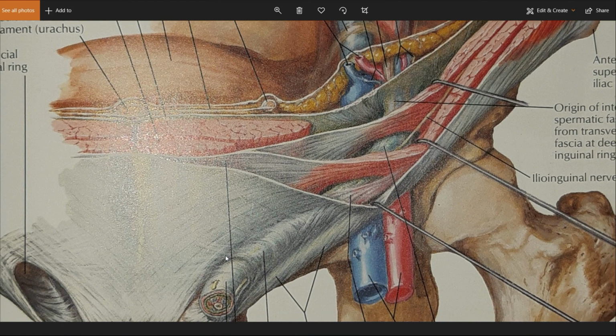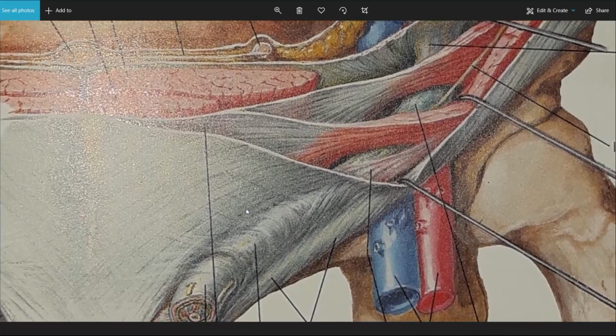And the superficial inguinal ring has these two crura, as I had already mentioned, the lateral crura and the medial crura. This over here, do you see these fibers? These are the intercrural fibers. See? So this is how you visualize the intercrural fibers. Can you see them?